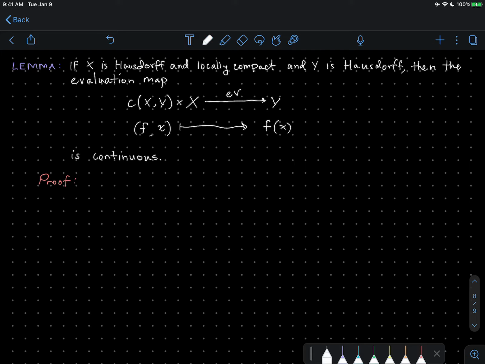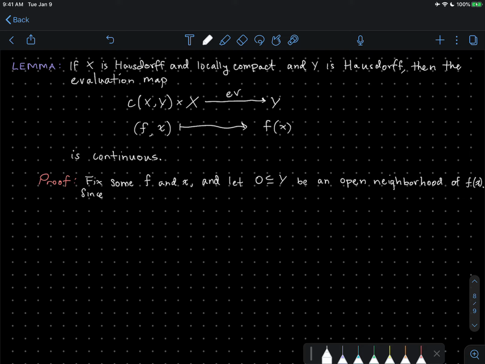All right. So let's fix some f and x. And let O, a subset of Y, be an open neighborhood of f of x.